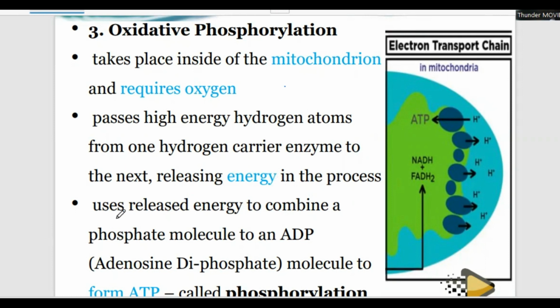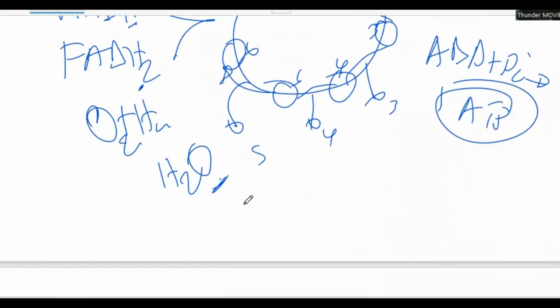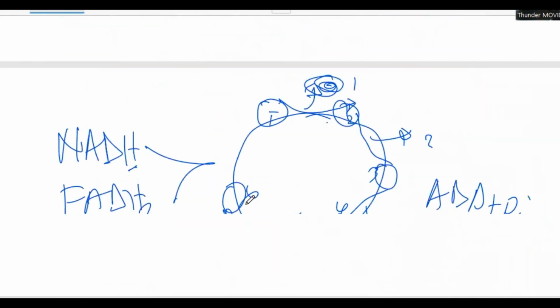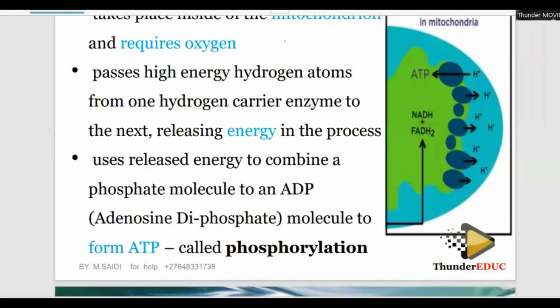What happens? The energy which is being released in this process is used to combine a phosphate molecule to an ADP. That is what I showed you here, that energy which is released is used to combine ADP plus an inorganic phosphate to form the ATP.